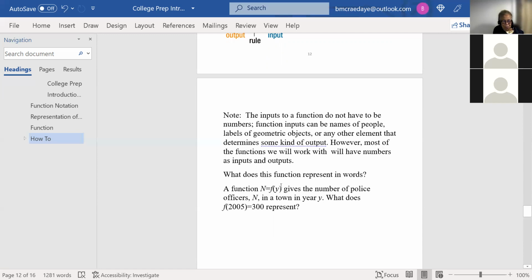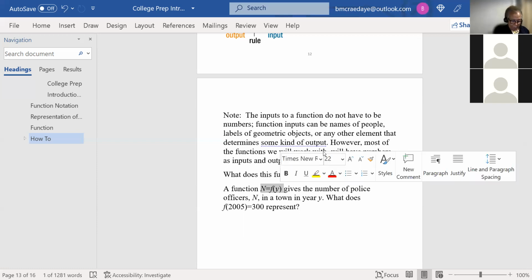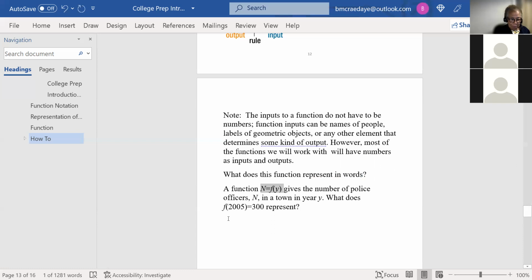N is f of y, right? Like so, in a town in here, 2005 is the year. Here's the function right here, n equals f of y. Now, what goes where the y is, Latoya?